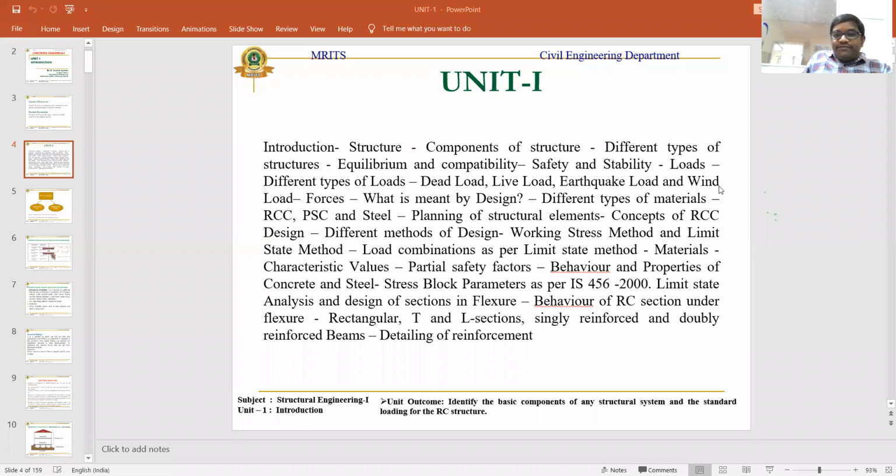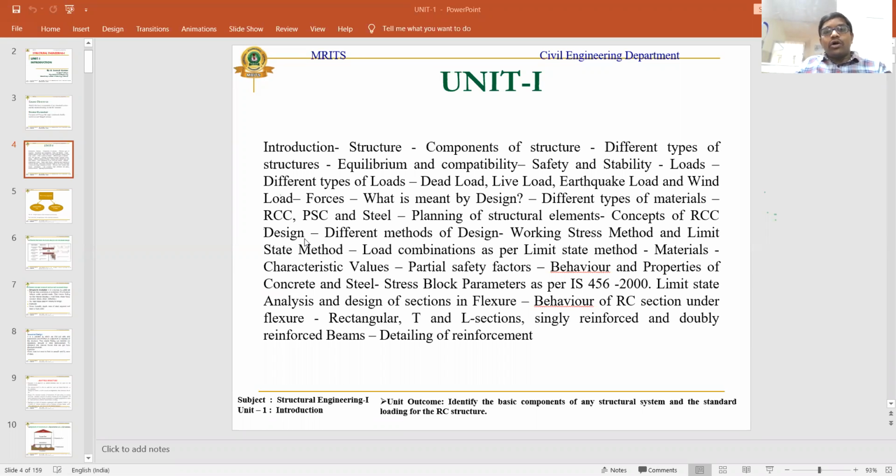And concepts of RCC design. What are the different concepts for this RCC design? We all know that it can be designed under different methods. We have the limit state method, the ultimate load method, the working stress method. Under all these methods, which one are we going to adopt for designing an RCC structure, or which method is best suited for designing RCC structures?